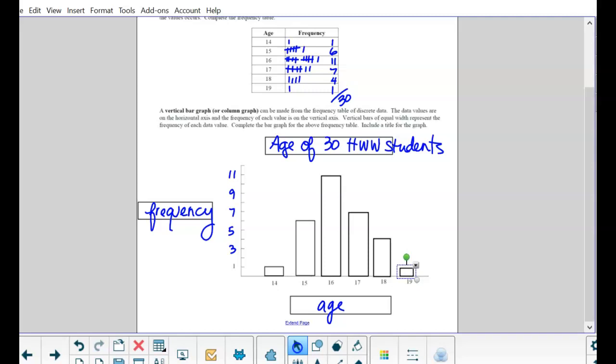Needs to be a little bit wider, but my smartboard is not. So try your best to make them the same width. Mine aren't perfect. But I'm sure you've done bar graphs like this before.